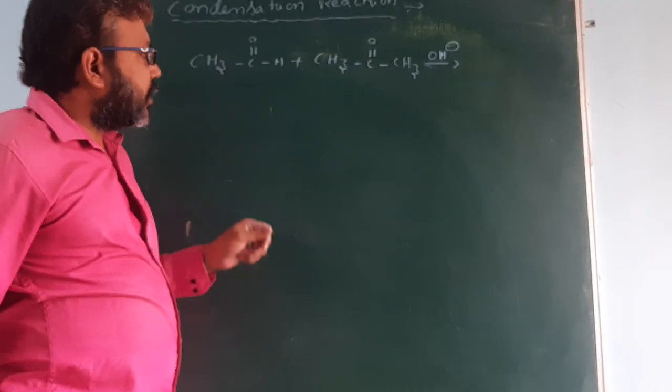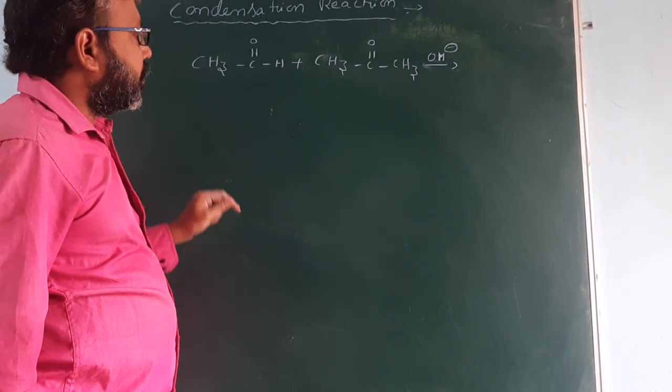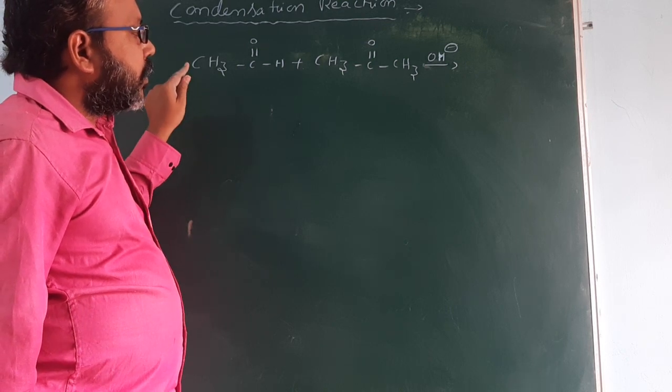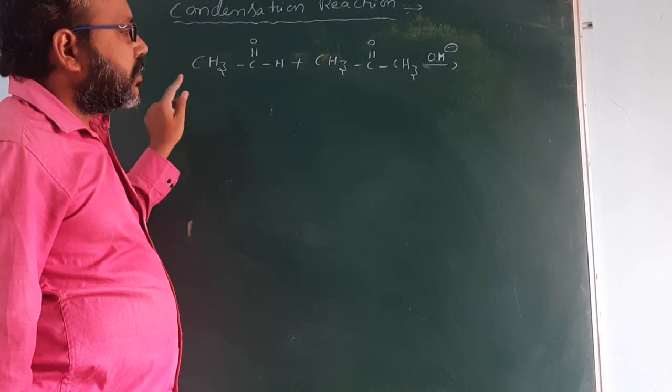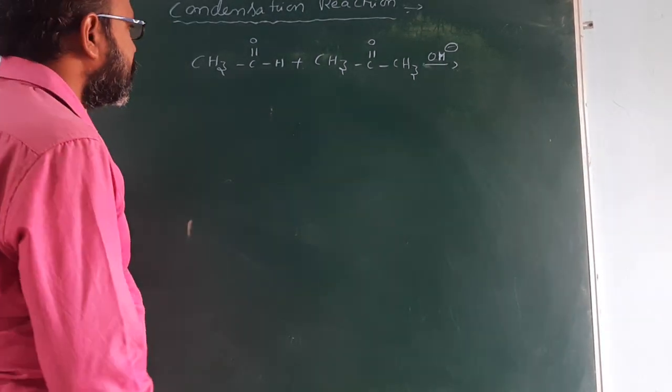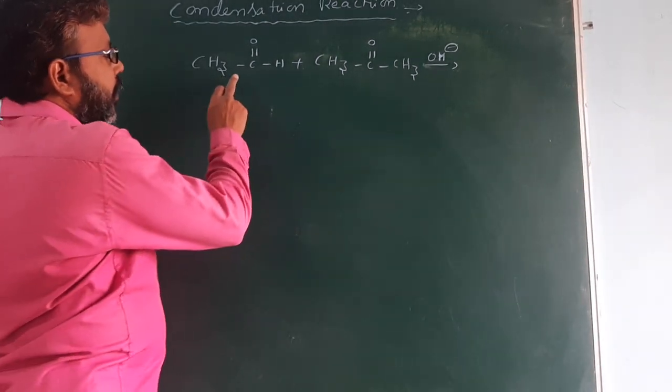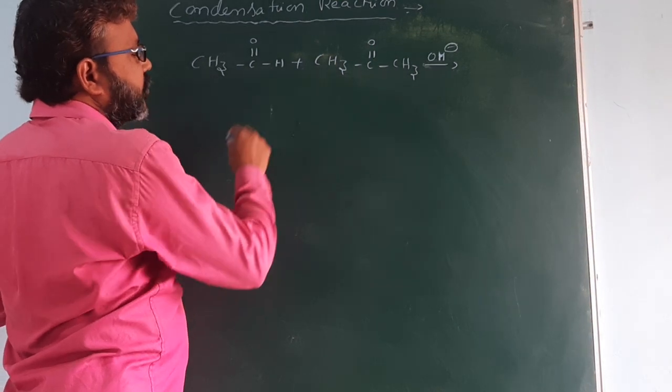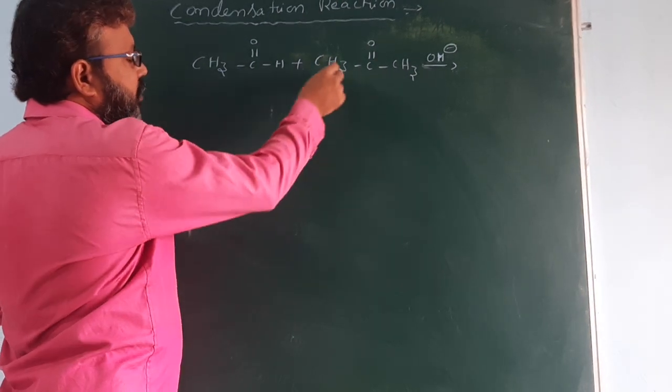So here how many products do we get? Here we get self aldol product. Second one is crossed aldol product. Okay. So first one, acetaldehyde reacts with acetone. So loss of water molecule.